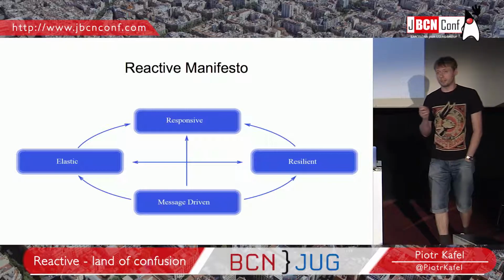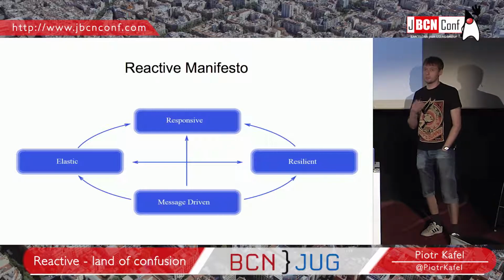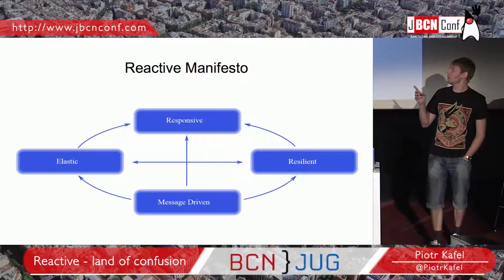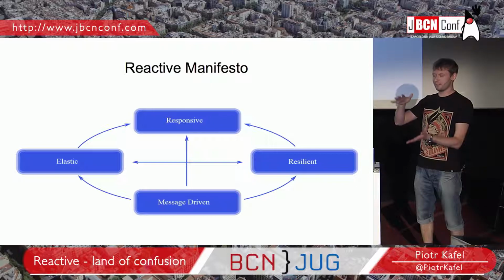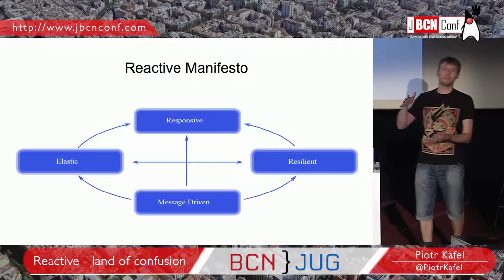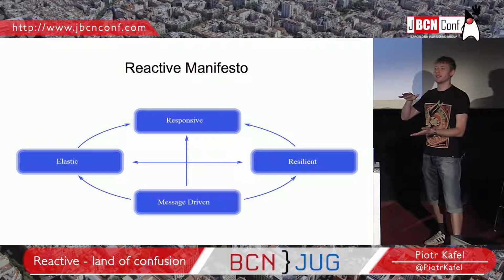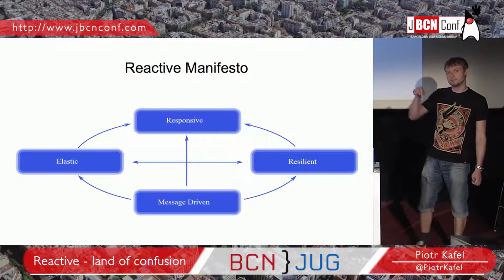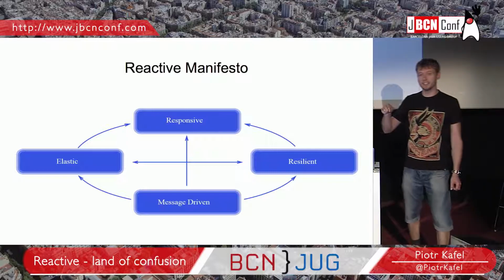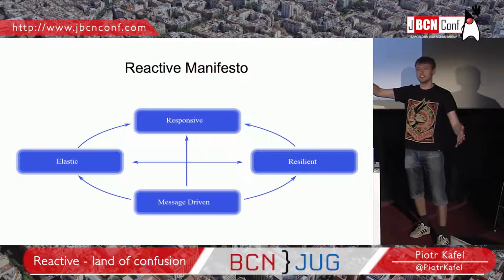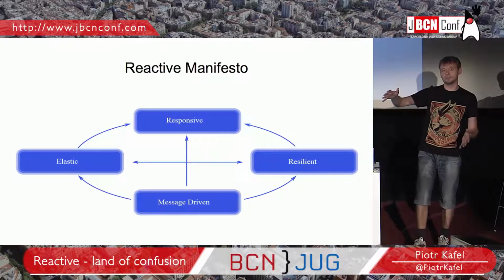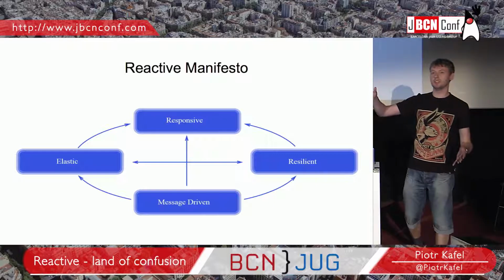The second purpose of the Reactive Manifesto is to create a vocabulary. If you go to the official page, you will find the manifesto is pretty small, like 1 page, maybe 1.5. But at the bottom there is a glossary. You click it, and you have a huge dictionary of different terms and explanations of what they mean.